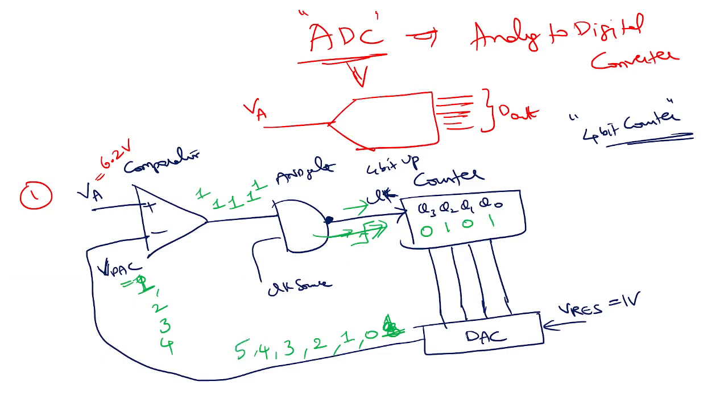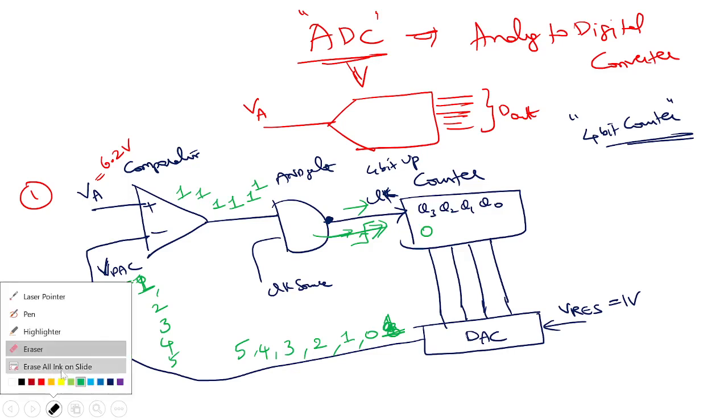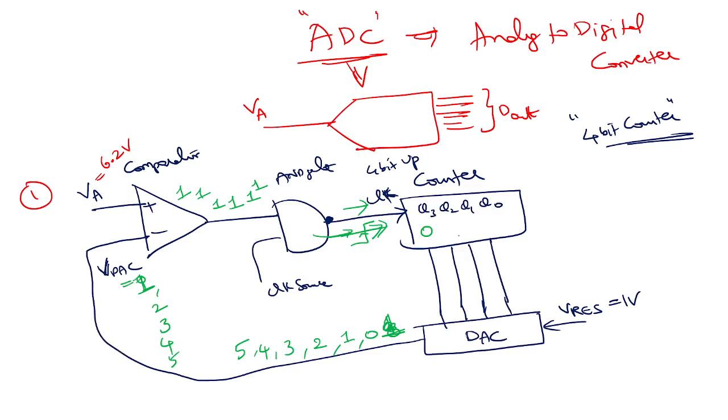Then output will be 5. 5 will come here. 6.2 greater than 5. Yes. Then again clock will be supplied. So the counter increments because it's an up counter, no? Now 0, 1, 1, 0. Output will be 6. 6 will be here. Still the output is 1. Clock will be supplied.